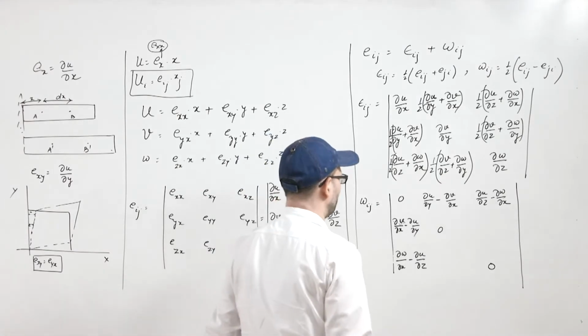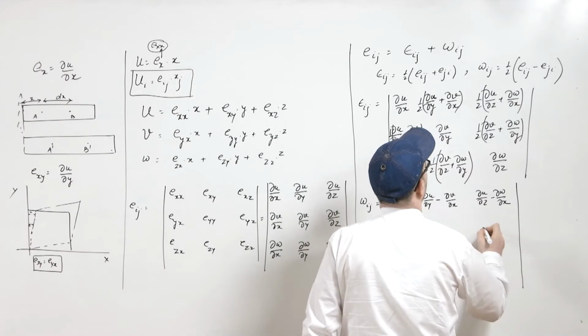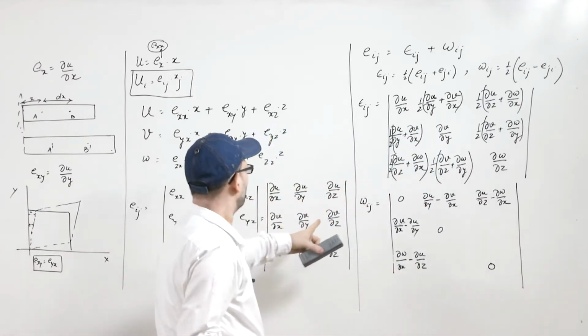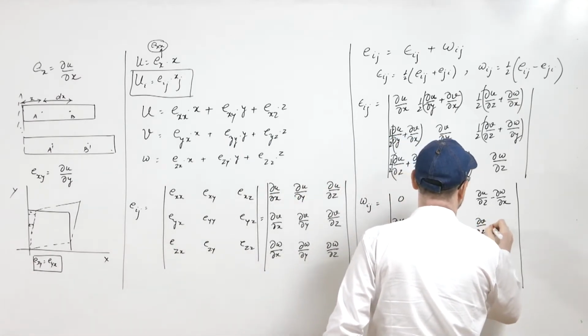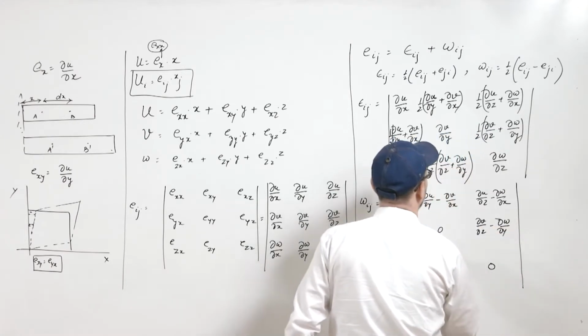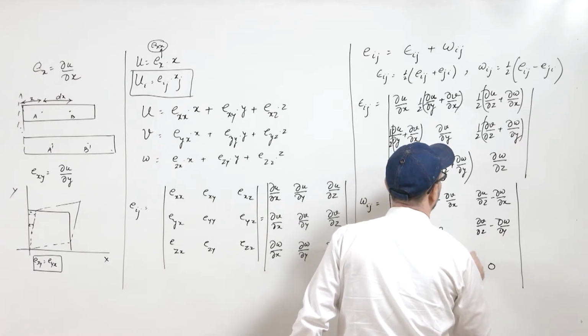So then further you will have these two components. Here you add the term ∂v/∂z minus ∂w/∂y. So it will be ∂w/∂y minus ∂v/∂z.